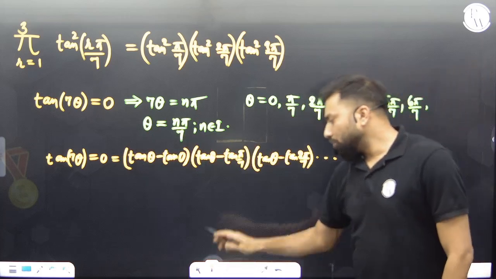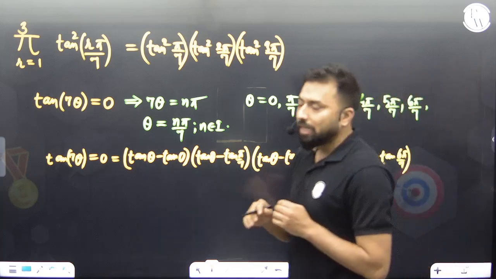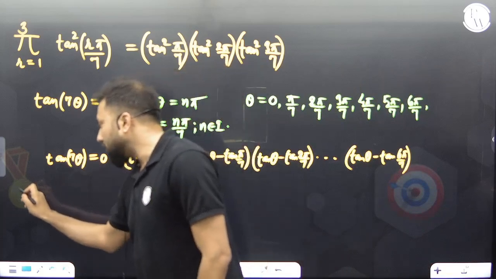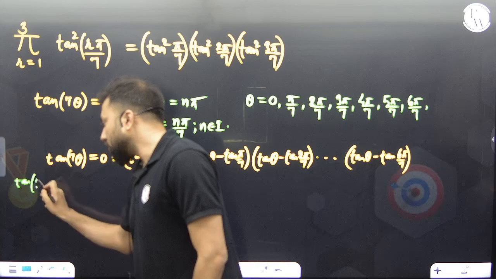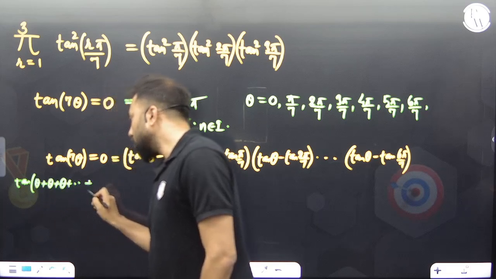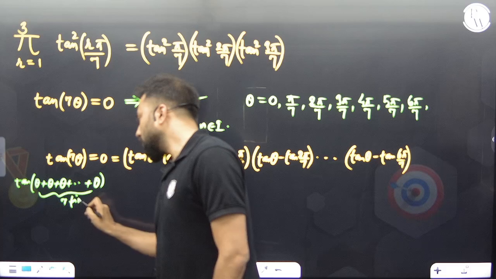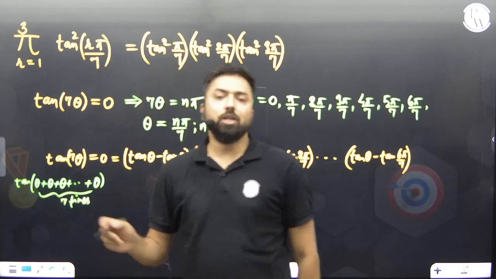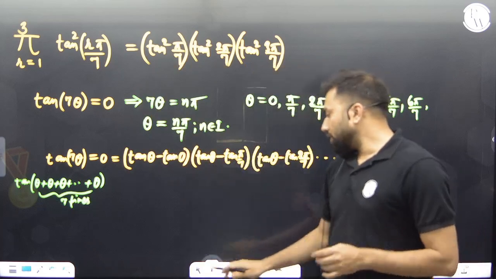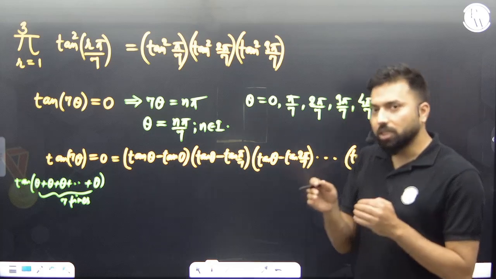Now from trigonometry, we know the formula for tan of 7 theta, which I can write as tan of theta plus theta plus theta, 7 times. There's a formula for tan of a plus b plus c, or tan of a1 plus a2 plus a3 and so on.